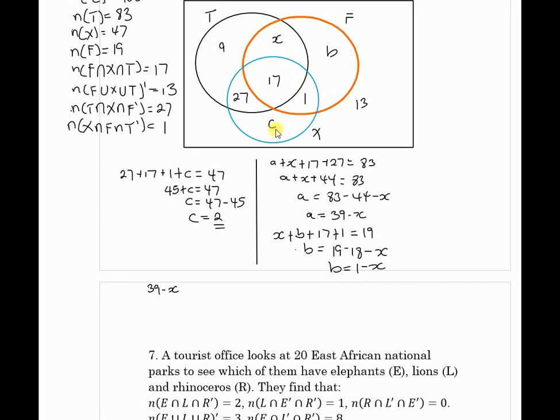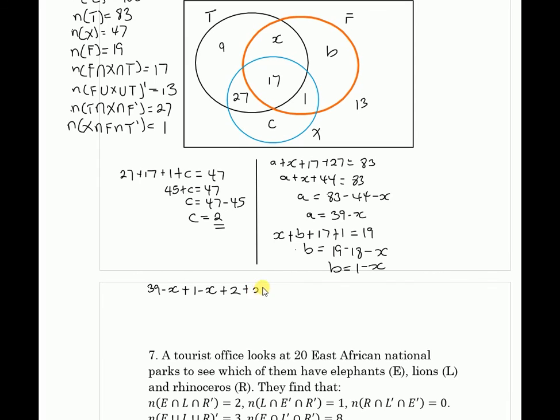Then plus B, so I'm adding on B, which is 1 minus X. After that, I add on C, which is 2, plus, let me add the X, 27 and 1.